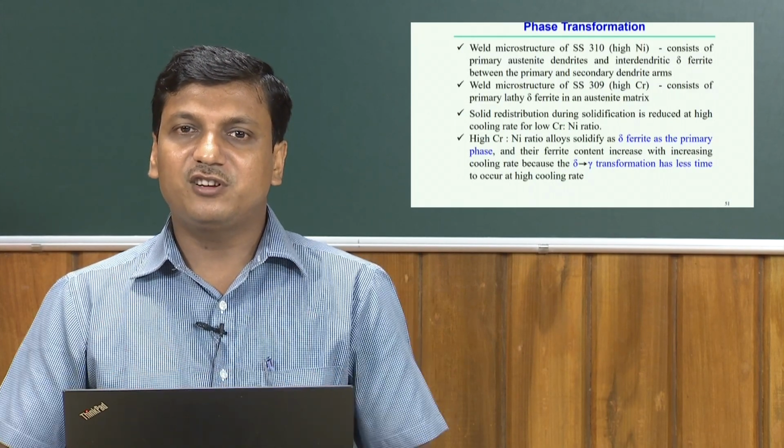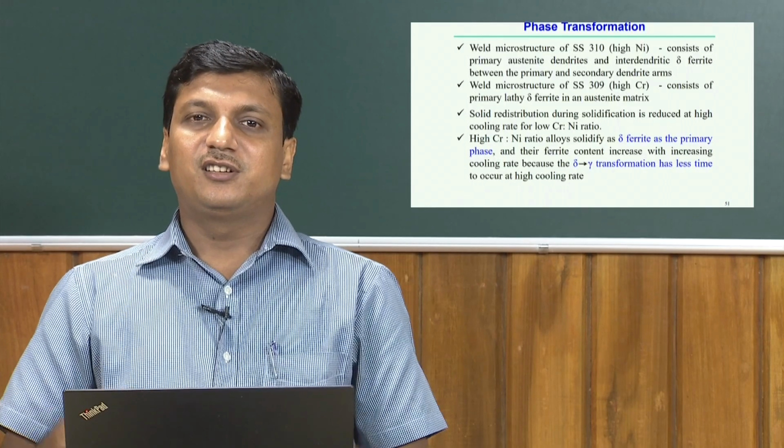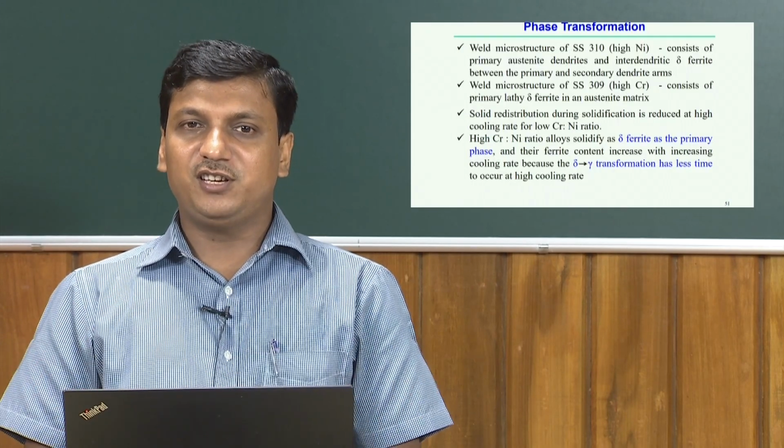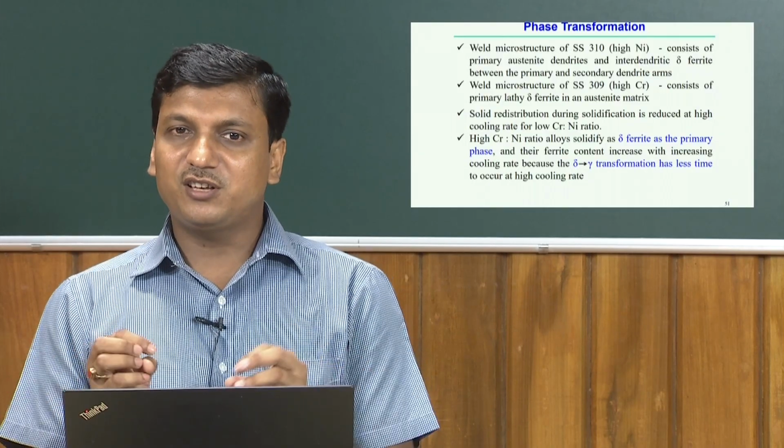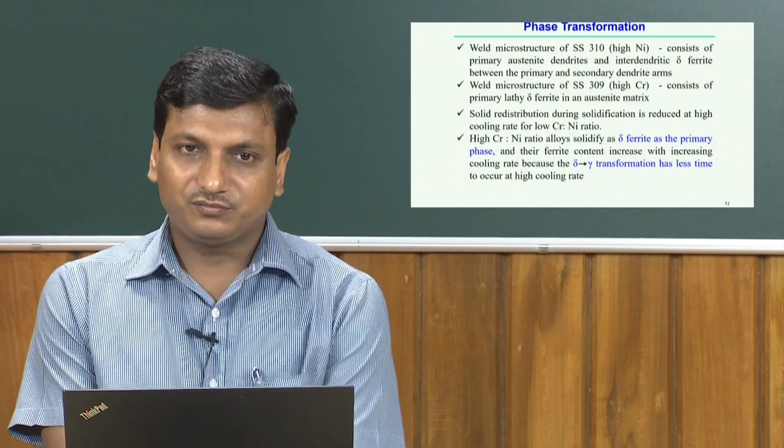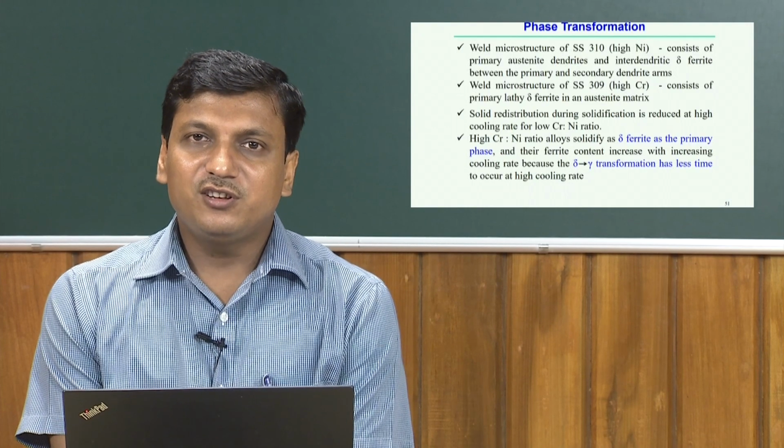In those spaces we can find the delta ferrite. So it consists of two different phases, delta ferrite and austenite, but they coexist and make a homogeneous structure.